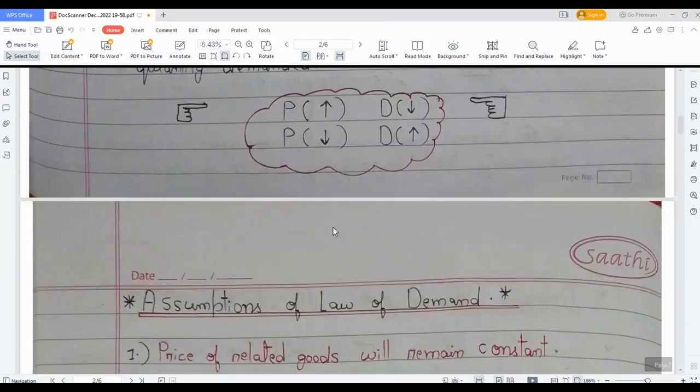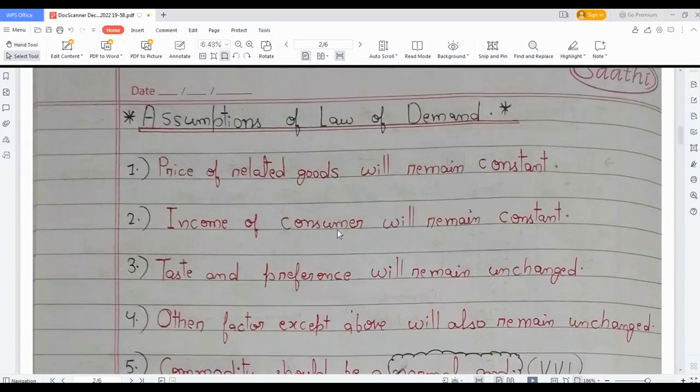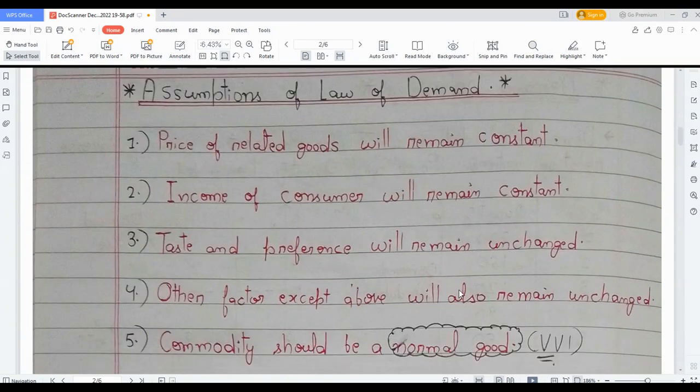Now, what are the assumptions that we should keep in mind while discussing law of demand? There are basically five assumptions that we are making while following law of demand. That is, price of related goods will remain constant, income of the consumer will remain constant, taste and preference will remain unchanged.